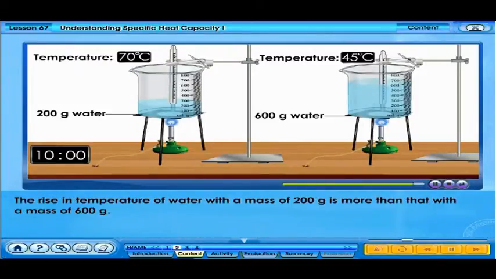The rise in temperature of water with a mass of 200 grams is more than that with a mass of 600 grams.